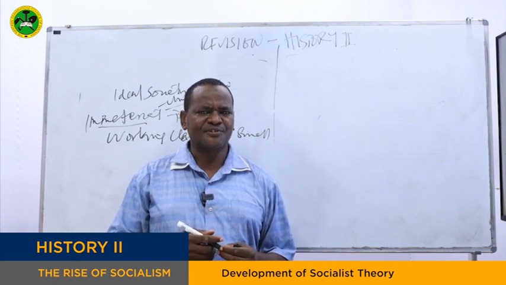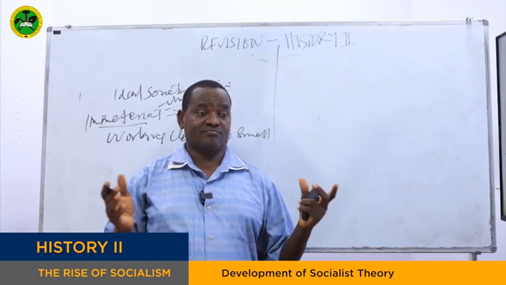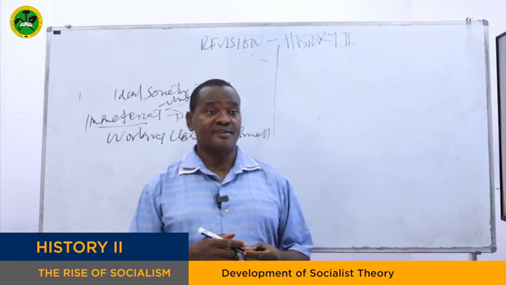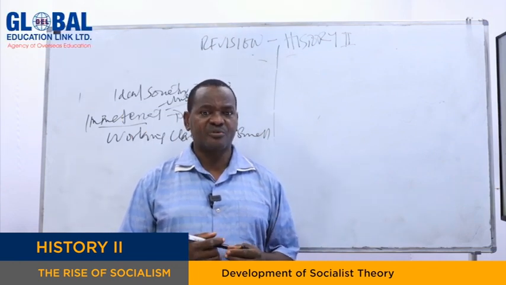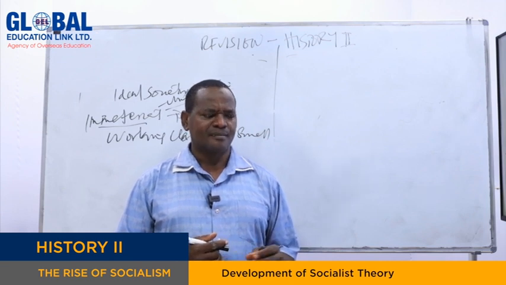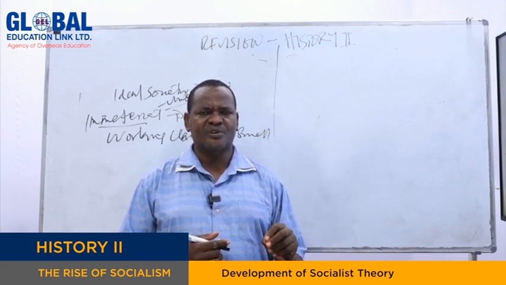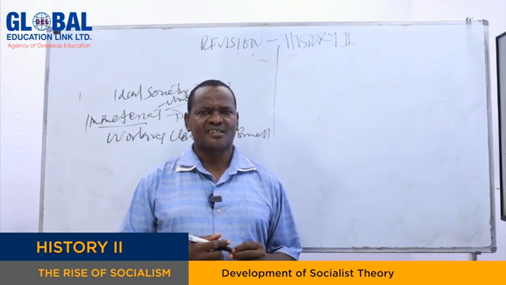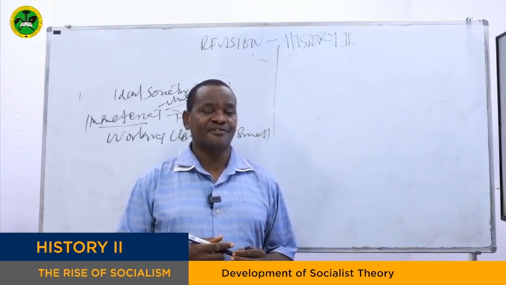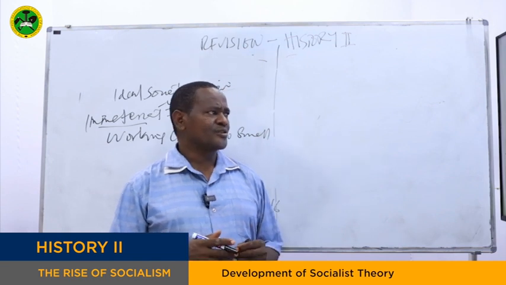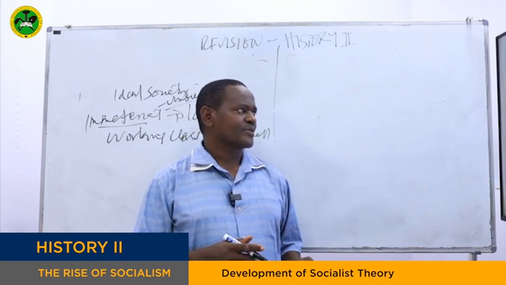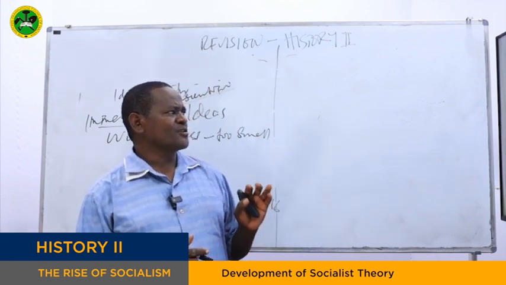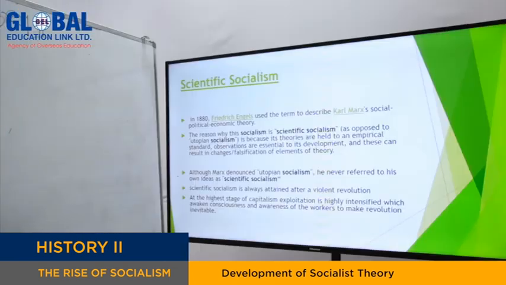It is not scientific. But the scientific socialists believed that if you are well equipped and use force against the capitalists, you can win after you defeat them. But how are you going to convince people to give up their property and share what they have with the poor? That is very difficult. That's why I say it was impractical and unattainable, but also immaterial and unscientific. My dear students, after we have looked at that, let's now go to scientific socialism.